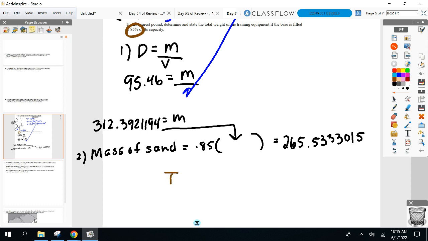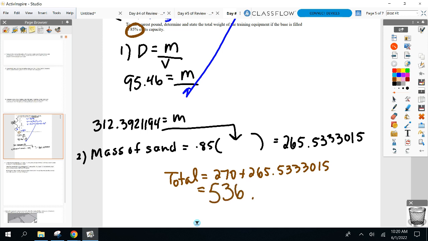Total weight: 270 without the sand plus 265 and change with it. And it's asking me to round to the nearest whole pound. 536 lbs, like we like to say on the street.